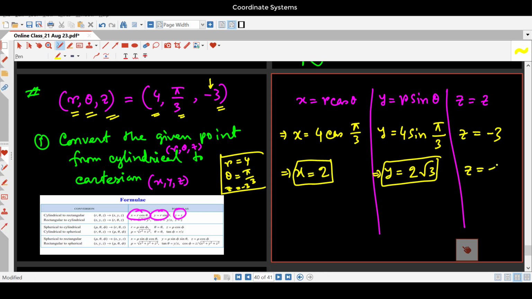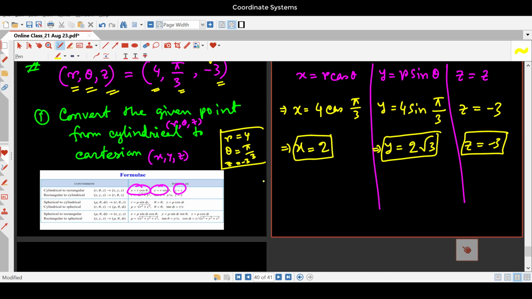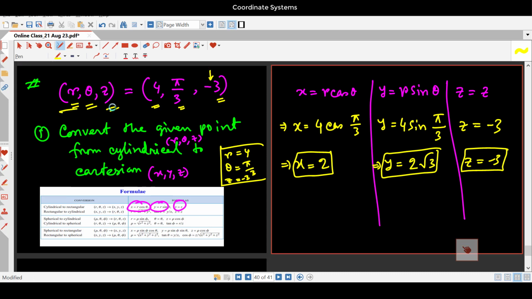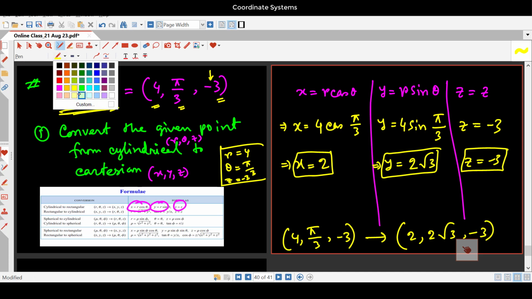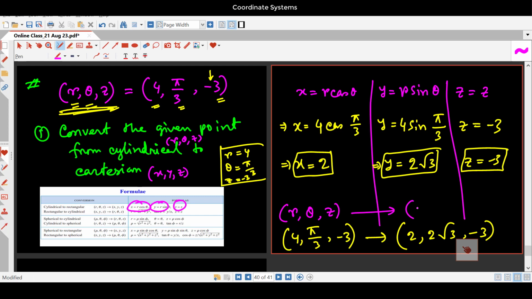And z is already in our hands. So we can see that the point r, theta, z, that is 4, pi over 3, minus 3, has been converted to x, y, z. So this is how we can do all the conversions. So now you have the idea, you can solve any problem.